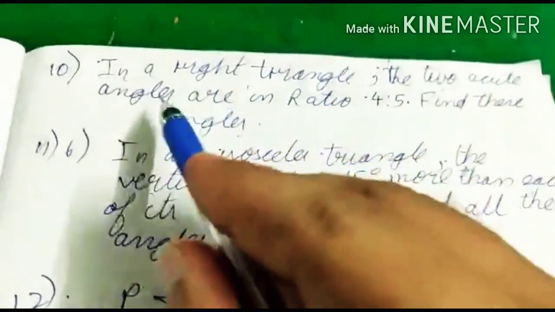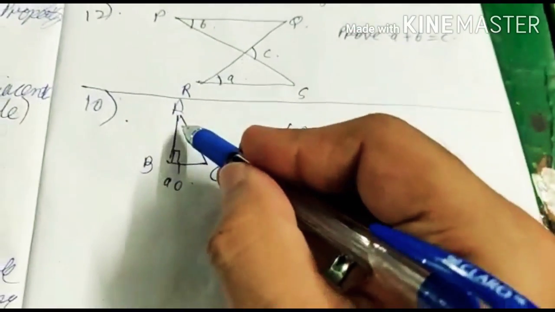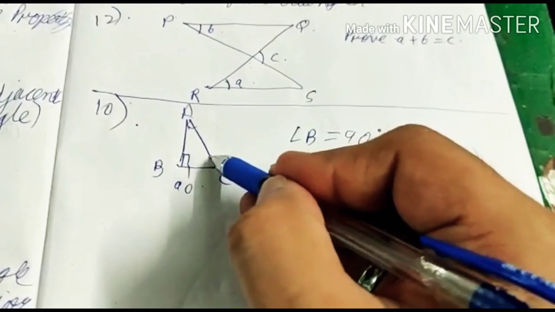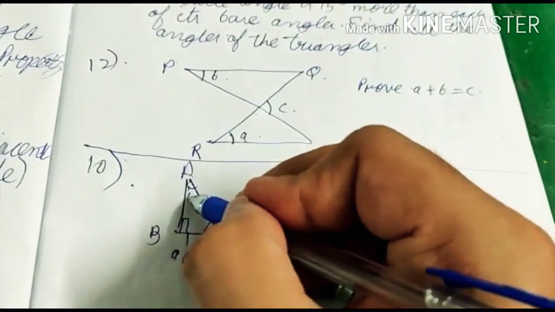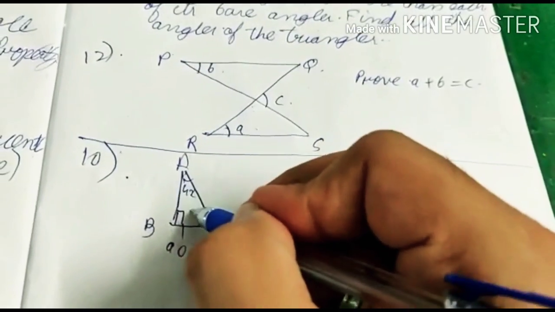The two acute angles, the other two angles, are always less than 90 degrees. These are in ratio 4:5.